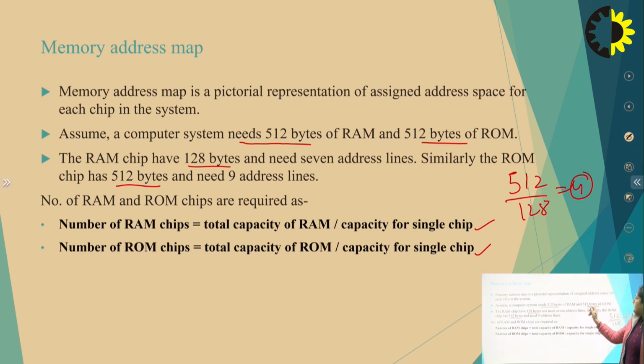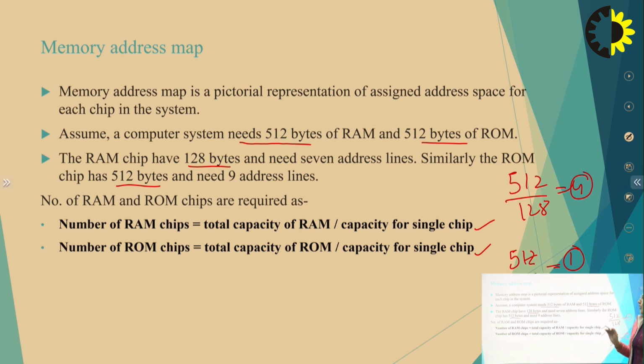The total capacity of ROM is 512, and the capacity of a single chip is also 512 bytes. That is one chip. So in this example, we clearly understand the number of RAM chips we require is 4 and the number of ROM chips we require is 1.